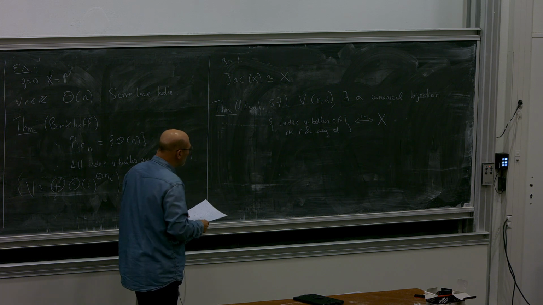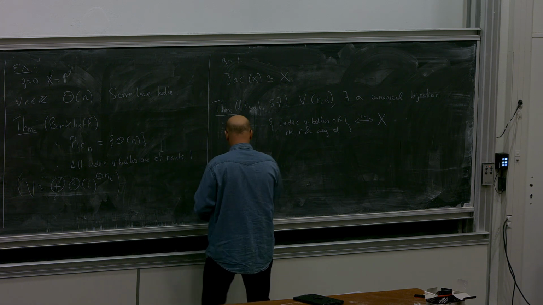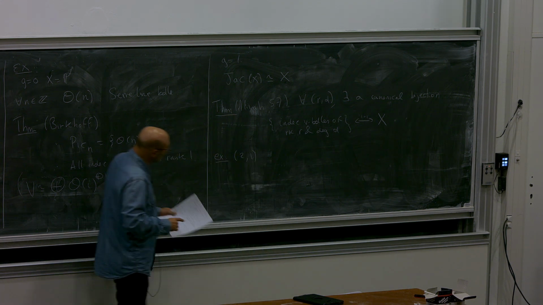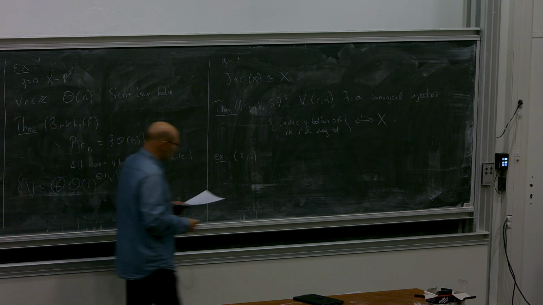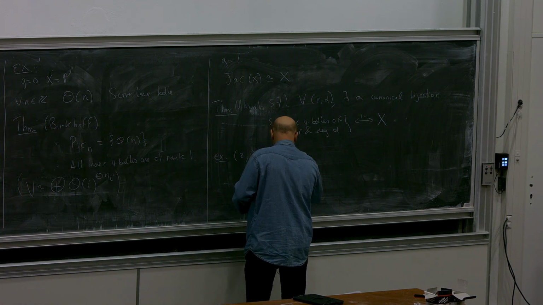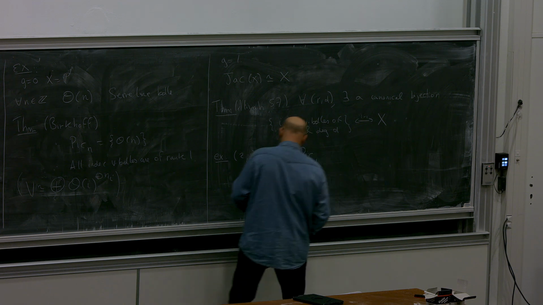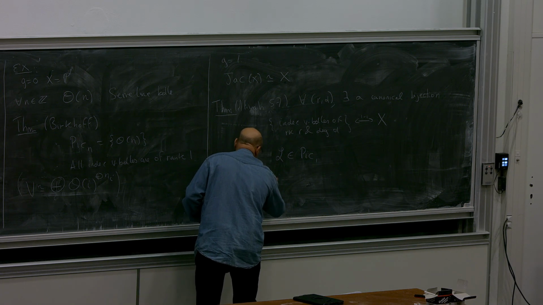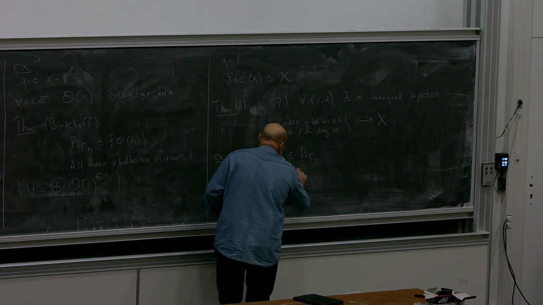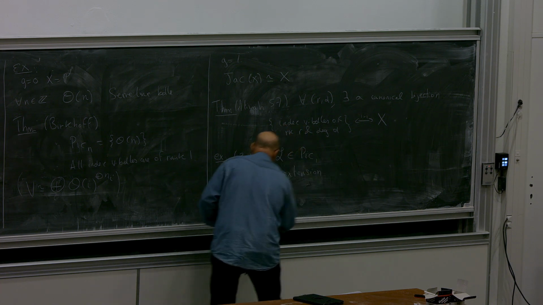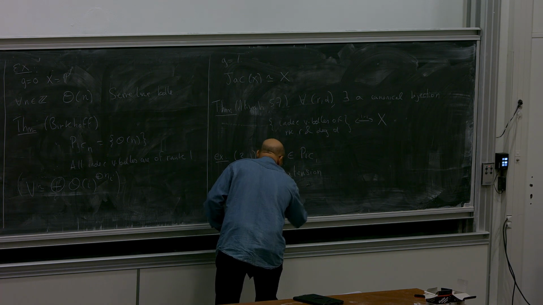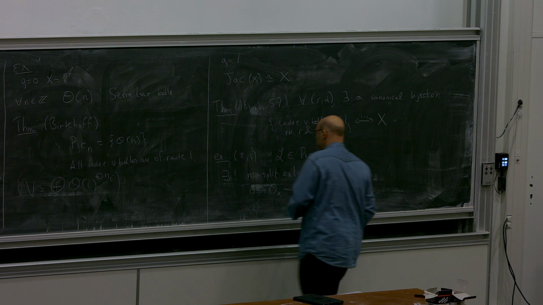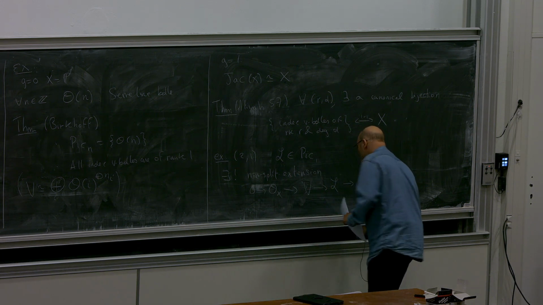And so here is one way to do that. Just to show you, let's look at (2,1): rank 2 vector bundles of degree 1. How do we construct them? Well, we take a line bundle L of degree 1. And then the claim is that there exists a unique non-split extension between the trivial vector bundle of rank 1, let's call this V, and this line bundle of degree 1.